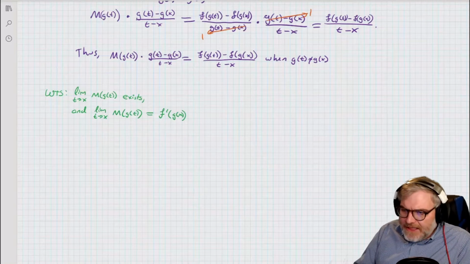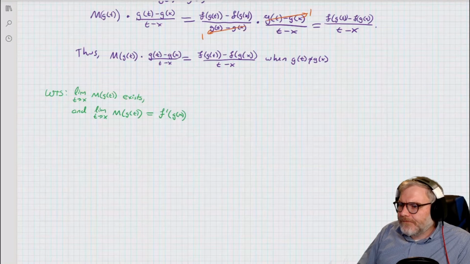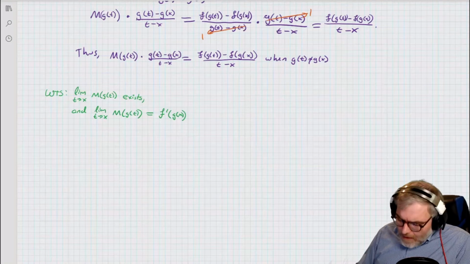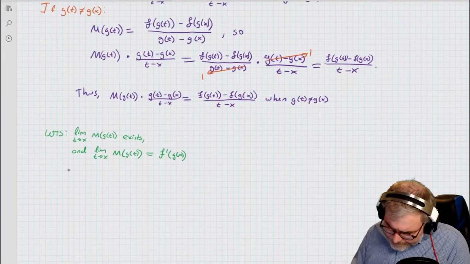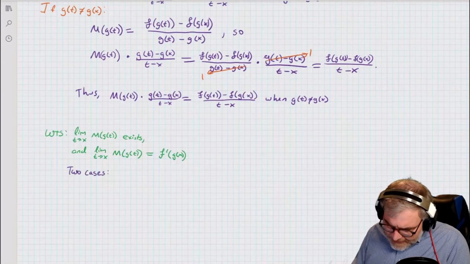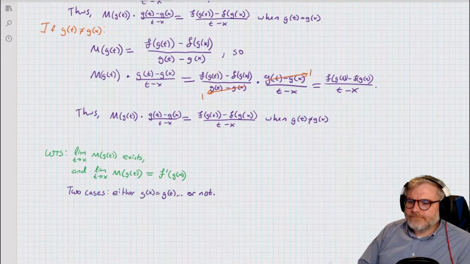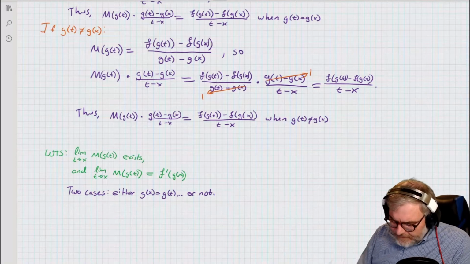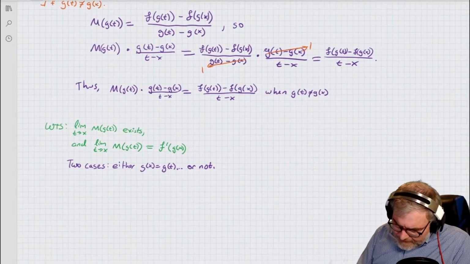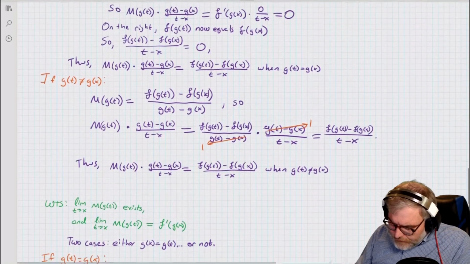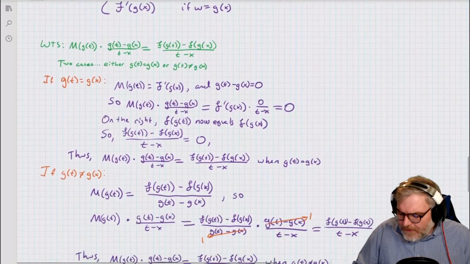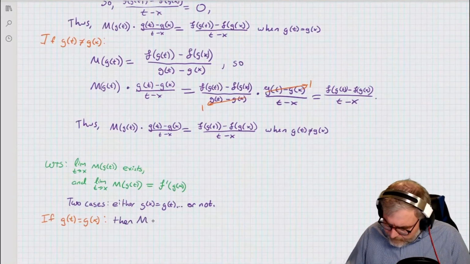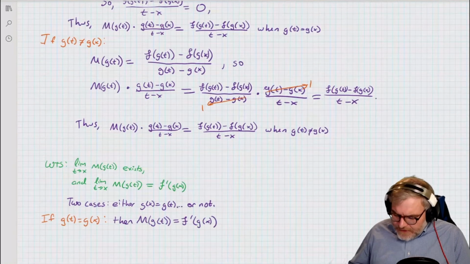I'm just mentioning it because it's there. All right, so let's see. How can we show that? Well, there are two cases. The same two cases we had before. So let's see what happens if g of t equals g of x. All right, so if g of t equals g of x, m of g of t simply equals f prime of g of x. That's from the definition.